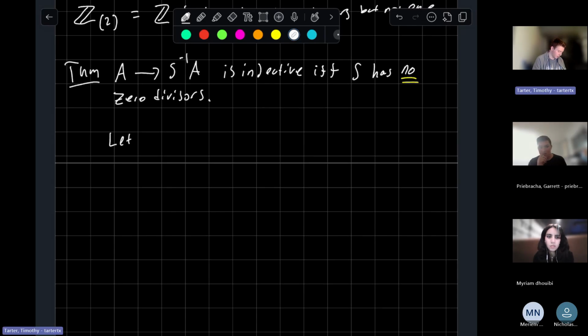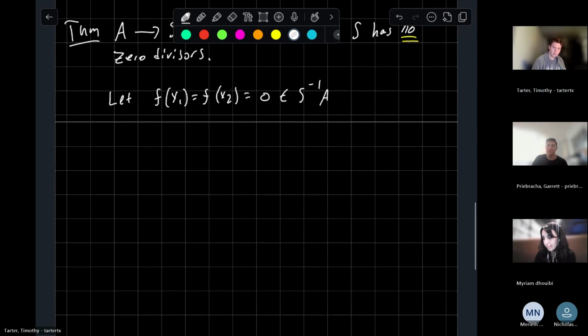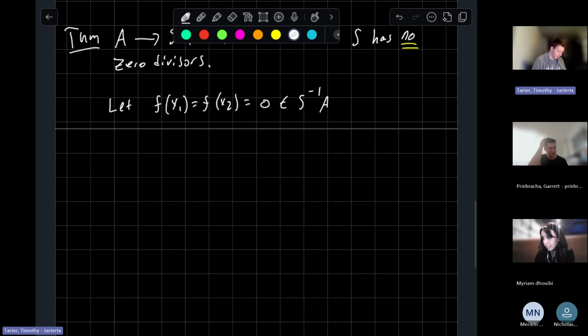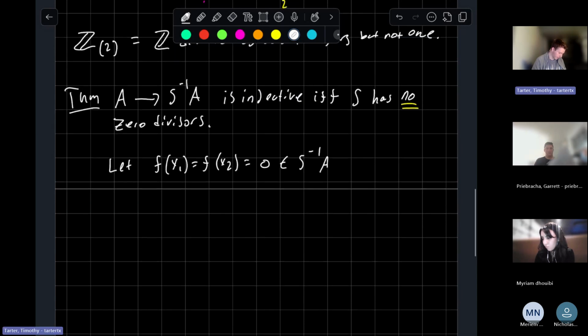Okay. So let's just say let f of x1 equal f of x2 equals 0, not in A, but in S inverse of A. And by f, I'm just letting f be the map here.